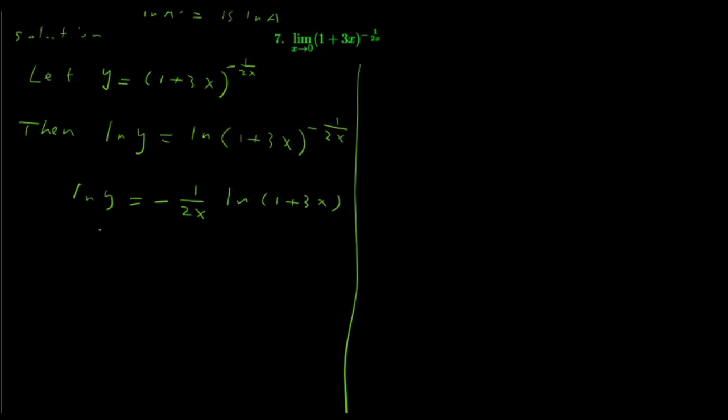On the denominator you have negative 2x, and on the numerator you have natural log of 1 plus 3x. Taking natural log of the given function, you then convert the whole thing to the form of a quotient.